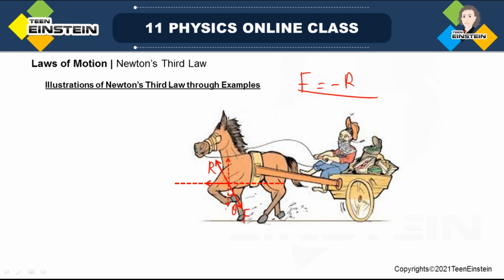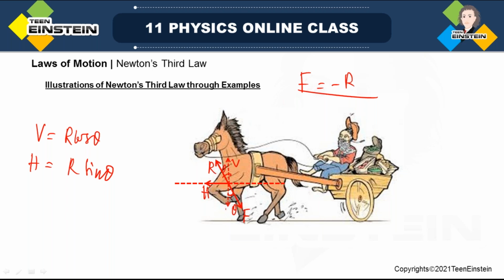Now look what happens. This is the R. If this is theta, this is also theta. So it has two components: the vertical component R cos theta and the horizontal component R sin theta. Now the question is, what is the role of the vertical component V and the horizontal component?